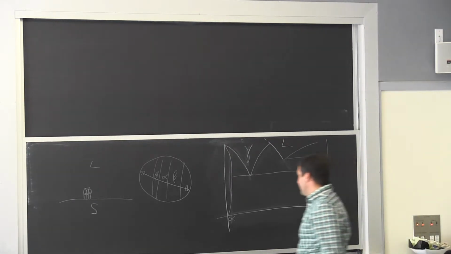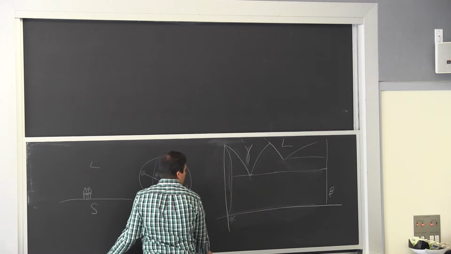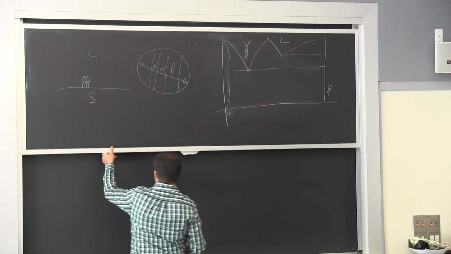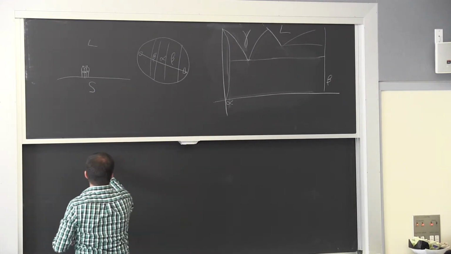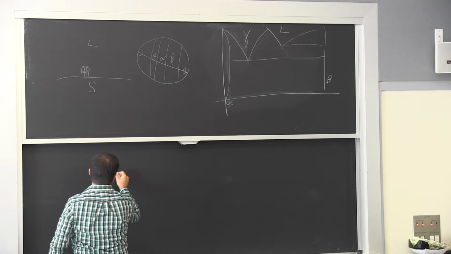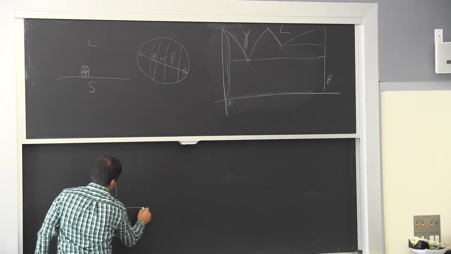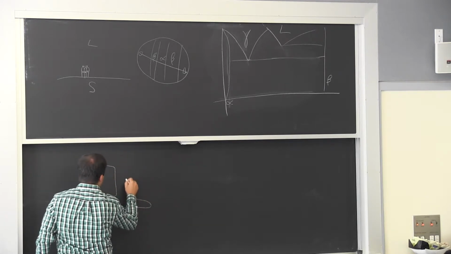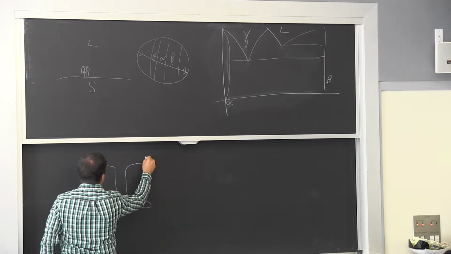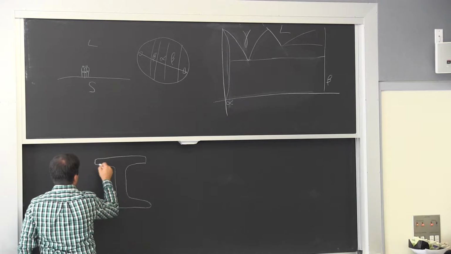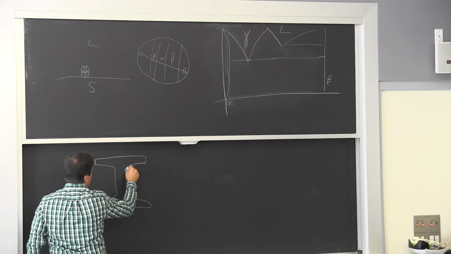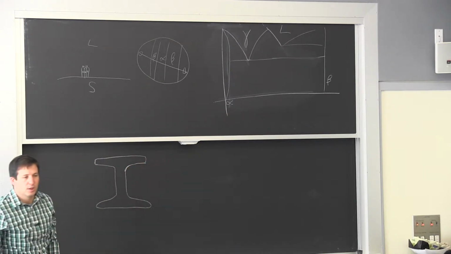If it's made by rolling, I think it will make more sense to have a more rounded corner like this, because it's easier to make and you have fewer risk of causing any kind of re-entrant corner if it's rounded here, essentially.